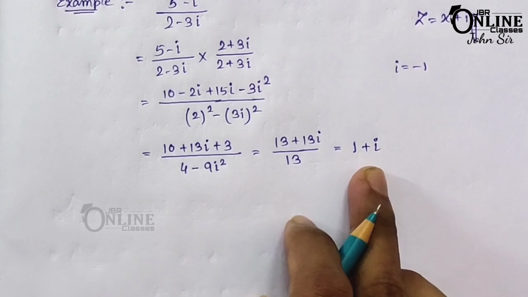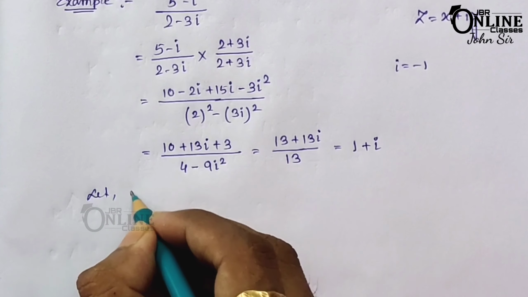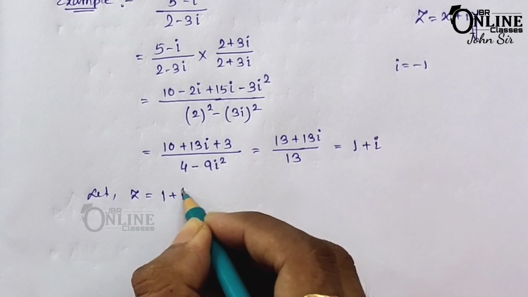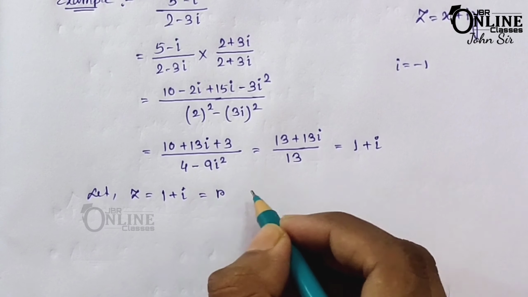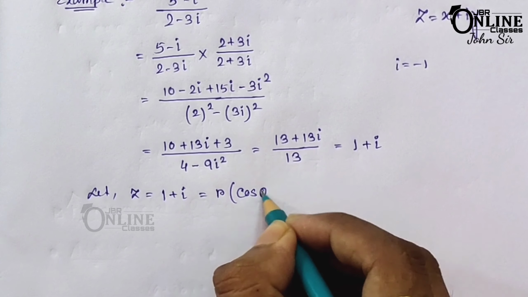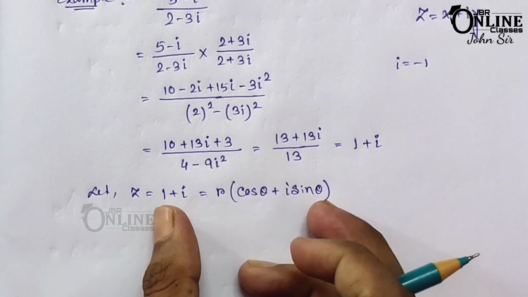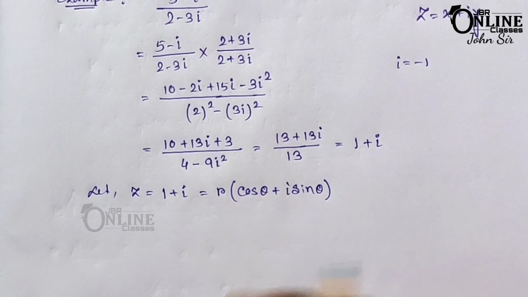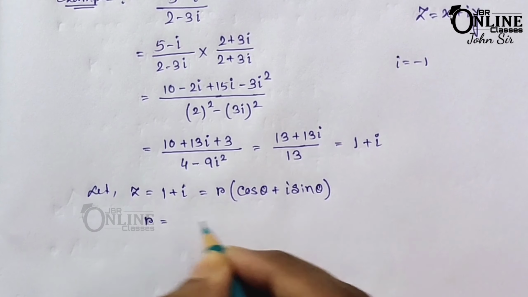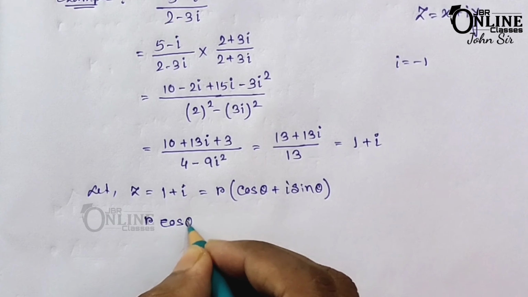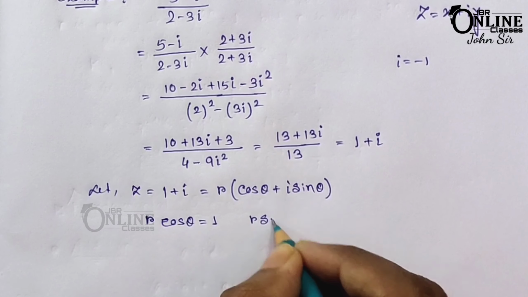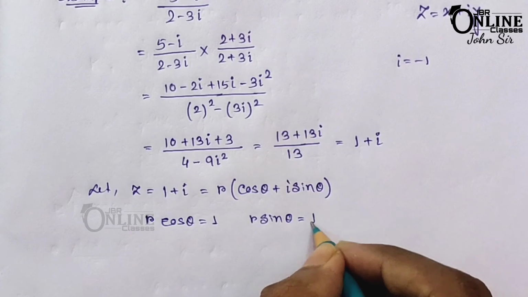Now let z equal to 1 plus i, that equals r (cos theta plus i sin theta). By comparing you will get r cos theta equal to 1 and r sin theta equal to also 1.